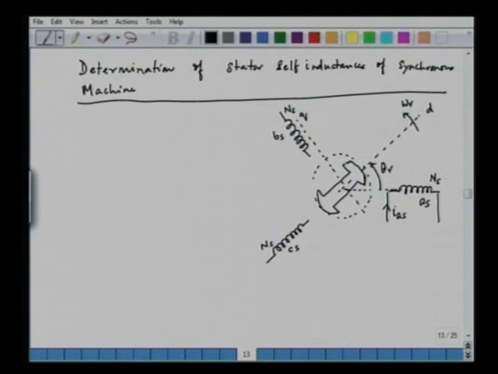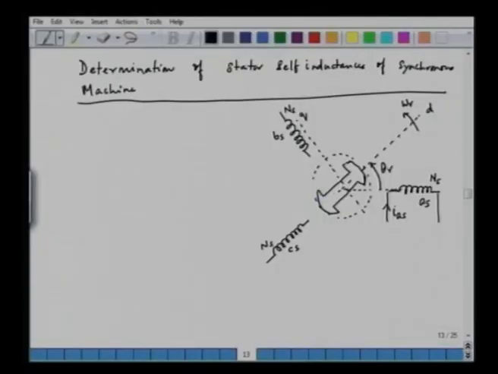So, you know that when the rotor is rotating, phase A is alternately seeing the D axis and Q axis. So, the air gap seen by phase A is constantly changing. And if we want to find out the inductance, we have to define inductance in some special position. So, we know the inductance in the D axis, we know the inductance in the Q axis.